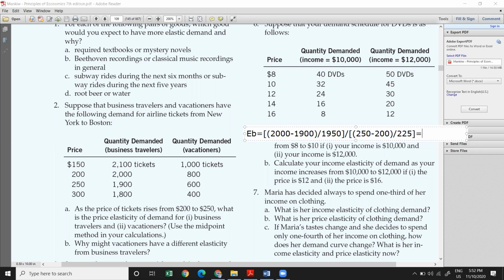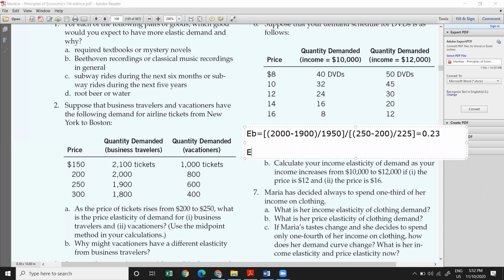So this means that the price does not matter much in terms of quantity demanded. The quantity demanded is less responsive to price changes. So we expect the elasticity of demand for business travelers to be inelastic, less than 1, 0.23 if you calculate it.